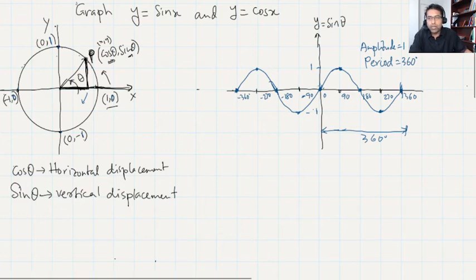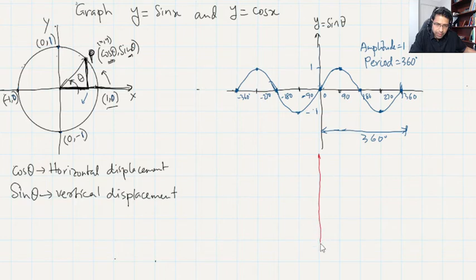But when we are looking at the cos graph, what will happen? Let's say we are trying to draw the cos graph here. We are trying to keep our angle in the same position, so it's easy to follow. This is our theta, or in this case we are putting x. It doesn't matter.